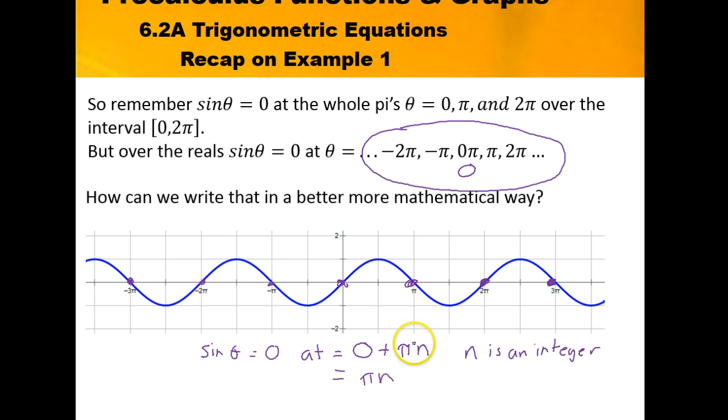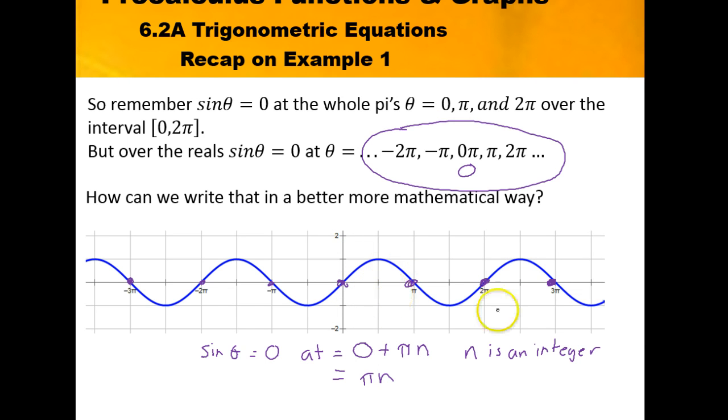So it looks like I'm getting all of them. So basically, sine of theta is 0 at every pi n, where n is some integer. Okay, so that's a really tight mathematical definition. You don't really need to know that much about trig, as long as you know that n is an integer. You know this thing's going to be 0 at any whole number times pi. Okay?